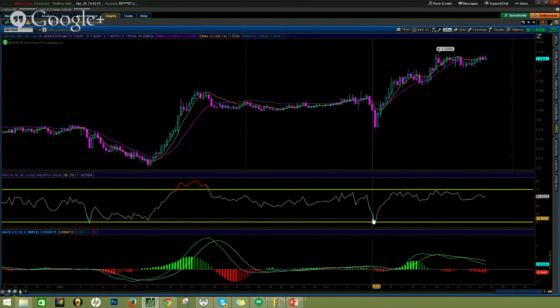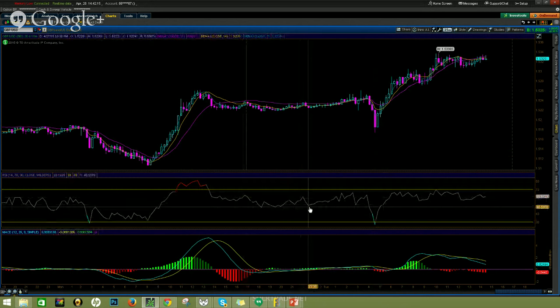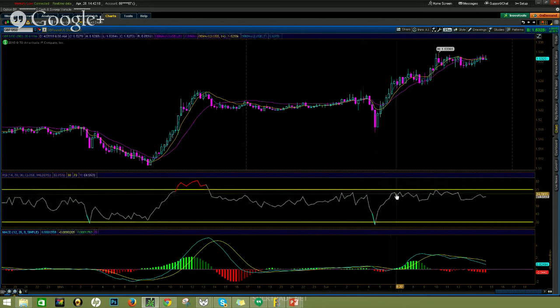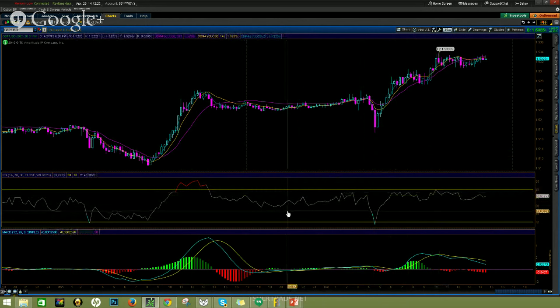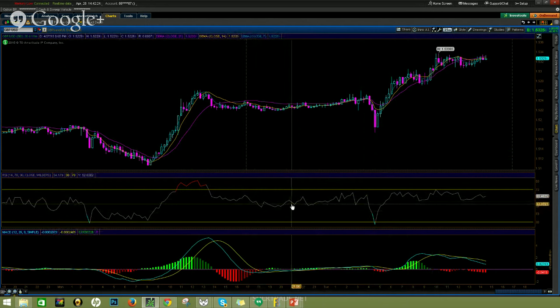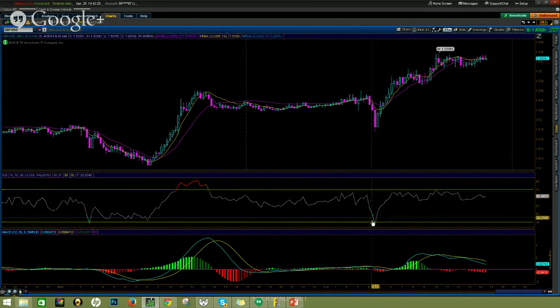First, you'll see that when the RSI is within the 70 and 30 lines, it stays this kind of gray color, right? And when it reaches or gets very close to, touches the 30 line, this bottom line, it changes color.